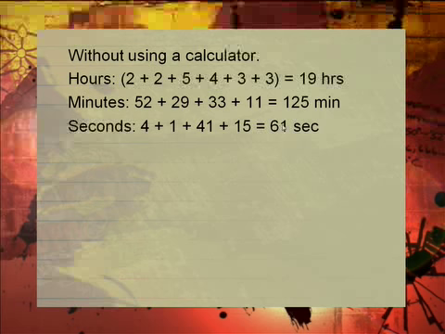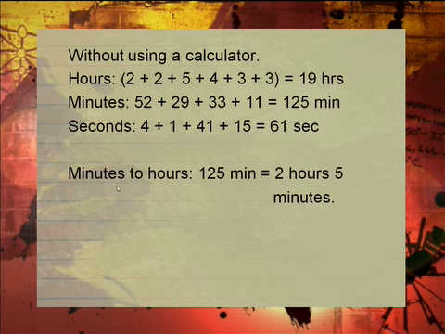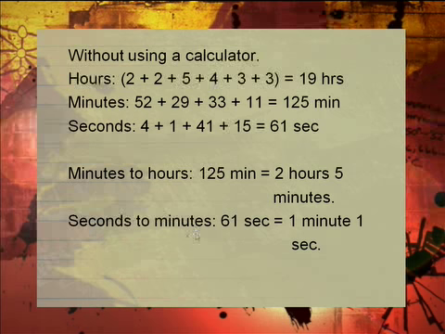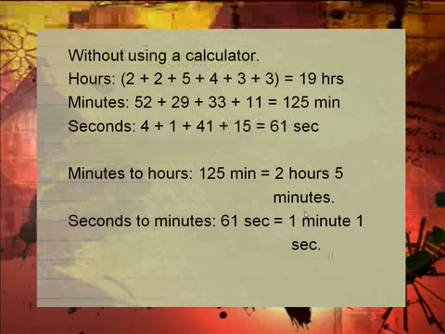It's a matter of grouping, knowing your scale, guys. Minutes to hours, I'll have 2 hours and 5 minutes left. Then the seconds: I've got 61 seconds. That will make 1 minute and 1 second.